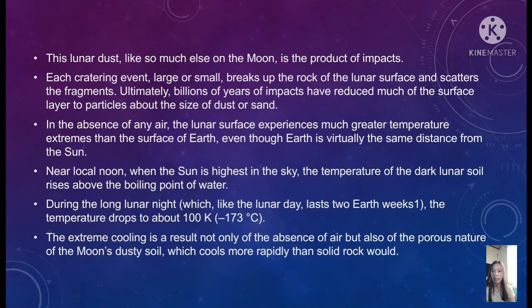And during the long lunar night, which like the lunar day lasts two Earth weeks, the temperature drops to about minus 173 degrees Celsius. The extreme cooling is a result not only of the absence of air, but also of the porous nature of the dusty soil, which cools more rapidly than solid rock would.